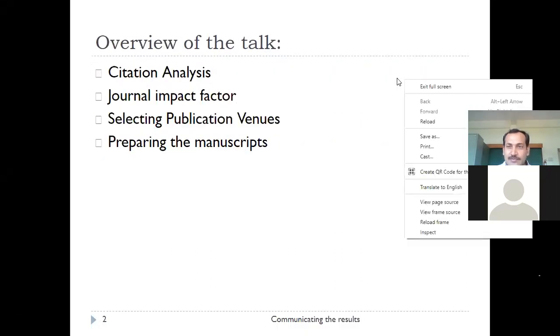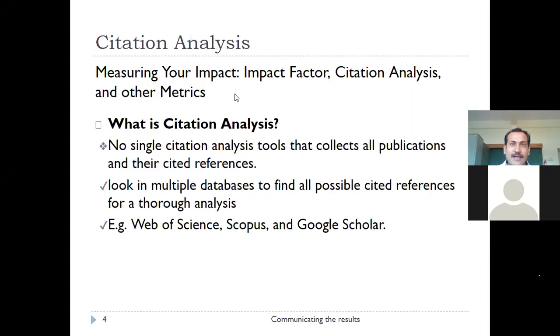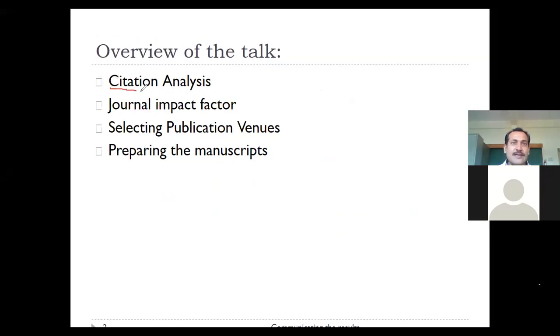Then, just a minute, I will see if I can annotate it. Okay, annotation is there. So we are going to see what the citation analysis is. Then we will see what the journal impact factor is, right?